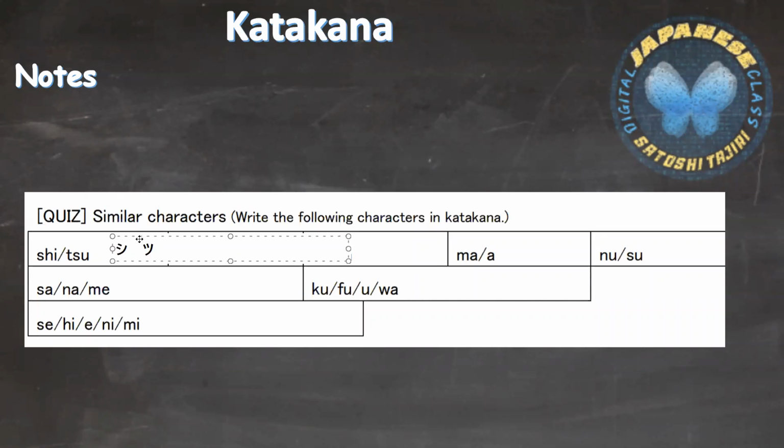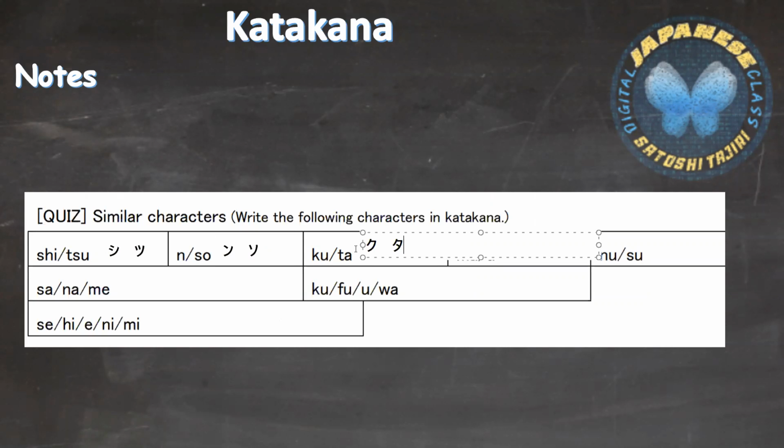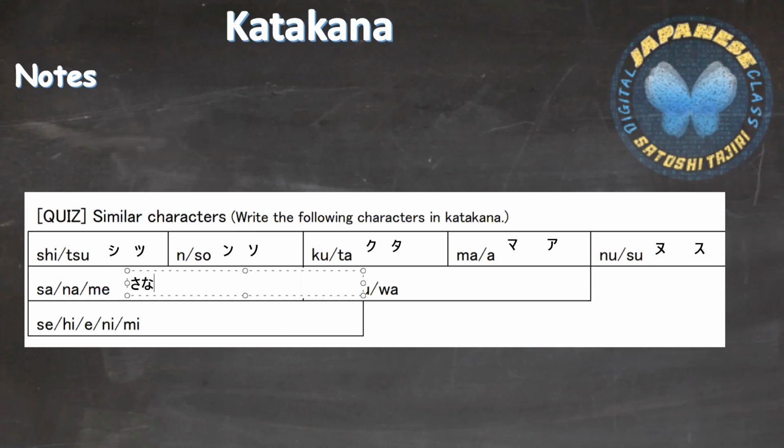They're almost the same, but not with our n, followed with our so, with our ku and with our ta, almost the same but different, with our ma and with our a, with our nu, followed with our su, then we have our sa, then we have our na and our me, almost the same but they are different.